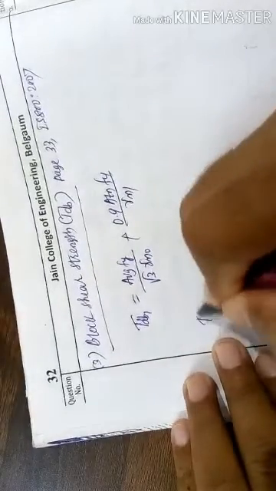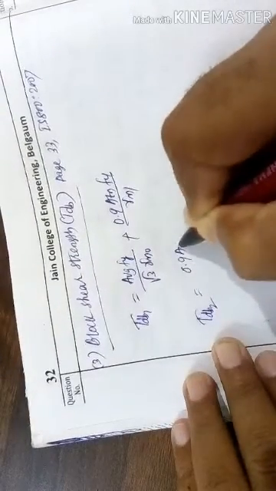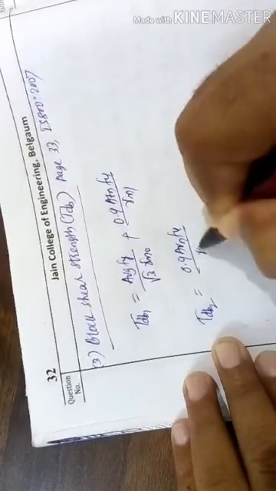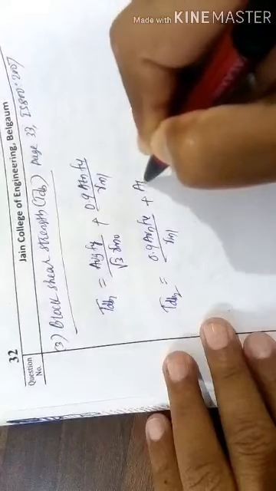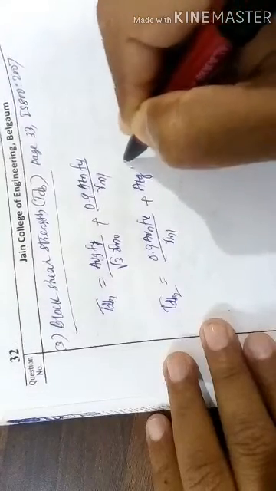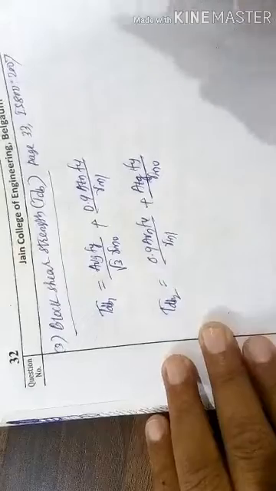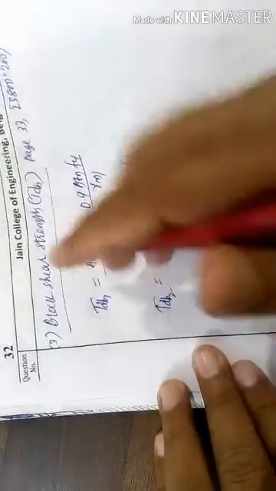This is TDB1, and TDB2 will be 0.9 AVN Fu divided by gamma m1 plus ATZ Fy divided by gamma m0. You have to calculate these two, and the least of these two will be TDB.